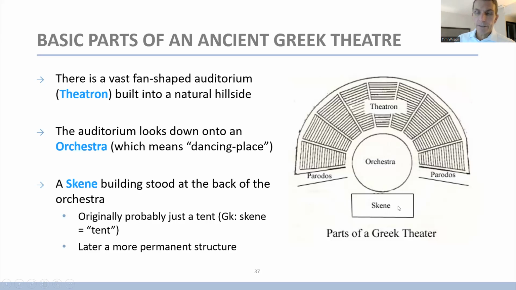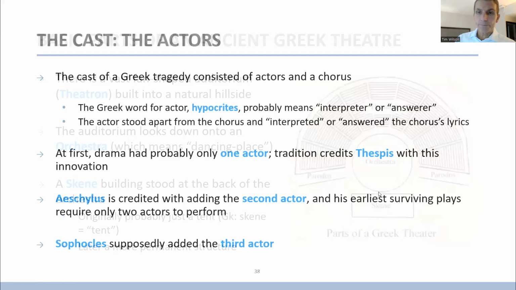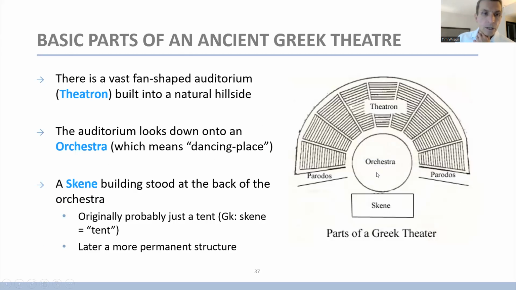We can see here the skene building that stood at the back of the orchestra. The skene building originally was probably just a tent, some sort of covered structure so that the actors can change masks or whatever they need to do and enter. And then later it probably took on a more permanent structure.